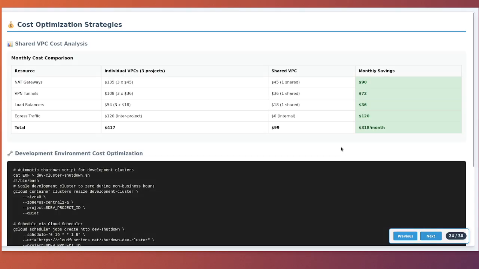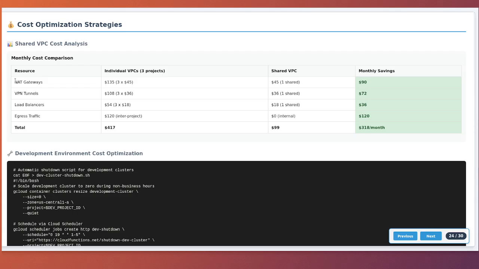Cost optimization strategies. One of the main benefits of shared VPC is cost optimization, but there are additional strategies you can implement to further reduce costs while maintaining performance and security. Resource right-sizing is crucial. Development and staging environments don't need the same resources as production.